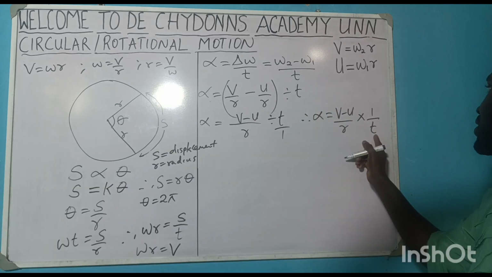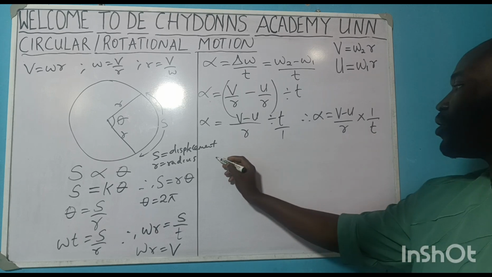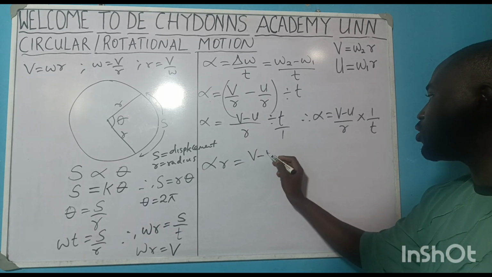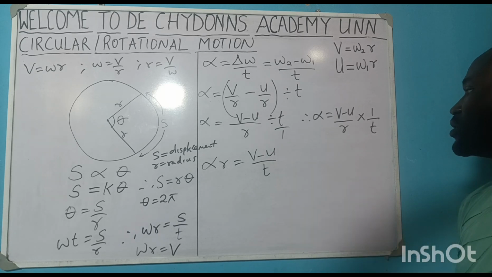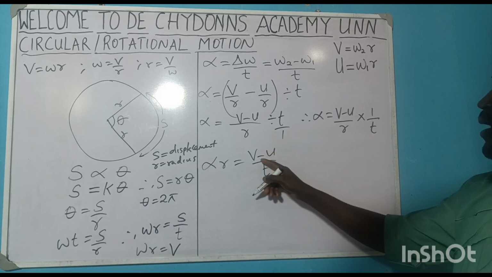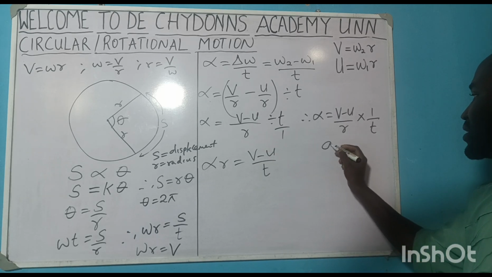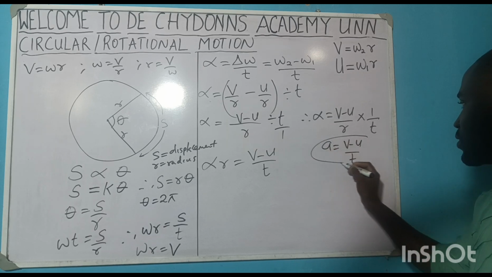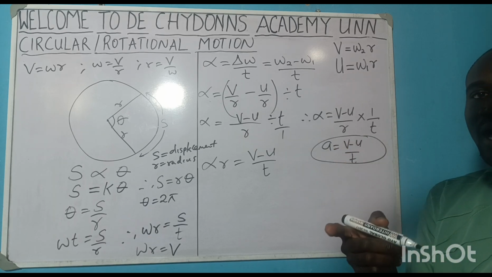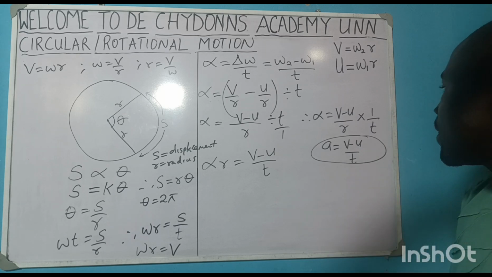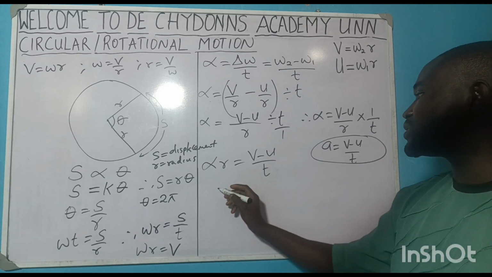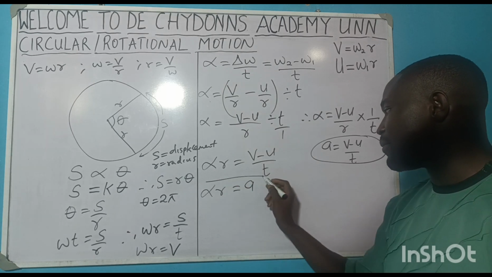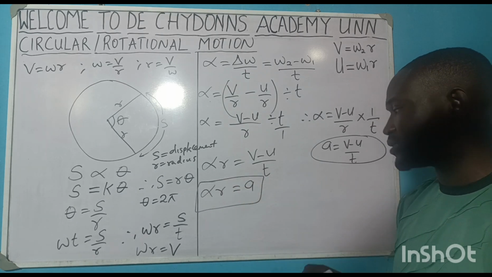And leave this T here. Therefore, alpha R will be equal to V minus U all over T. Remember this from your linear motion formula. And so we will be saying alpha R is equal to A. Another important formula you should not forget.